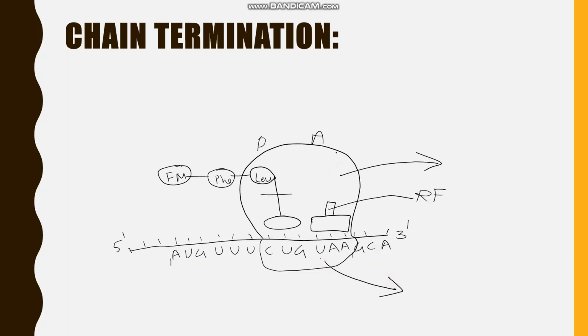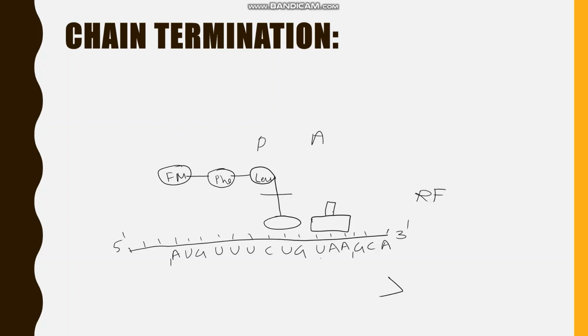So these ribosomal subunits will be removed from this mRNA. So when the ribosomal subunits reach the terminator codon, these ribosomal subunits will be removed from the mRNA. At the same time, the reason for the removal of these ribosomal subunits is release factor.